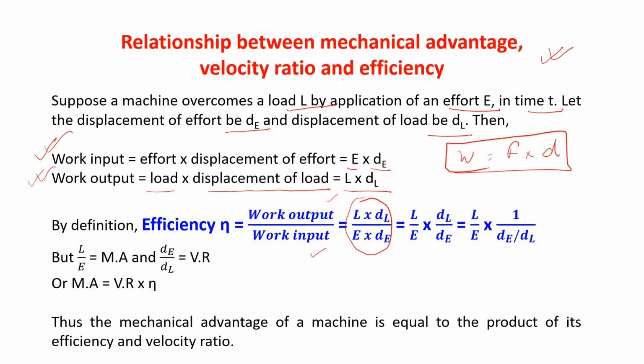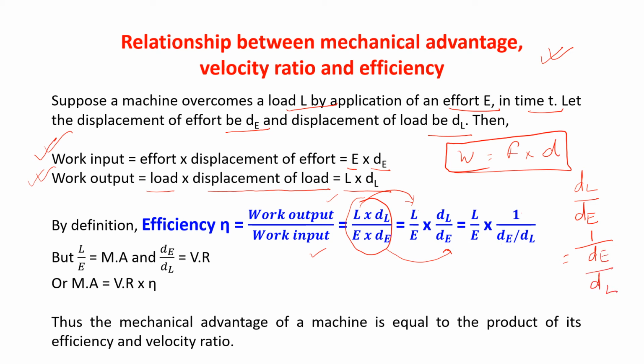Now just separate it. Write down from here L by E, and from here it is dL by dE. Now dL by dE can be written as 1 by dE by dL.